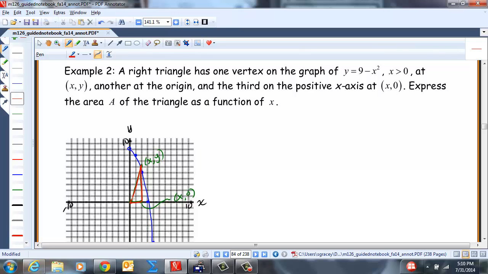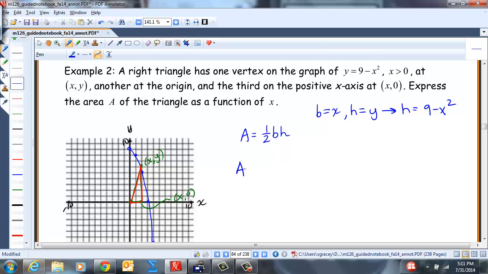We know that the area of a triangle is half times base times height. Well, the base is just x, and the height is equal to y, which means the height is equal to 9 minus x squared.